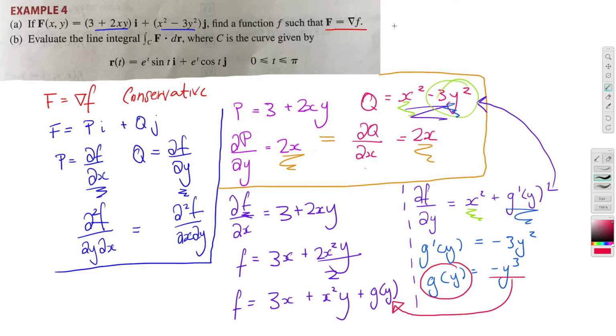So our final potential function is going to be f equals 3x plus x squared minus y cubed. Pretty cool. All right, so that was part A.